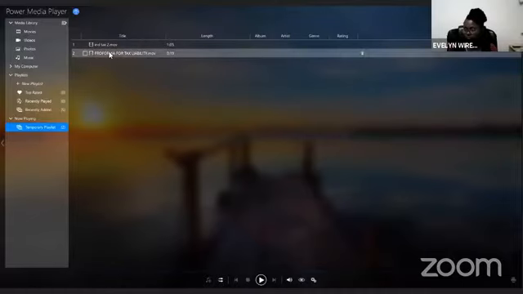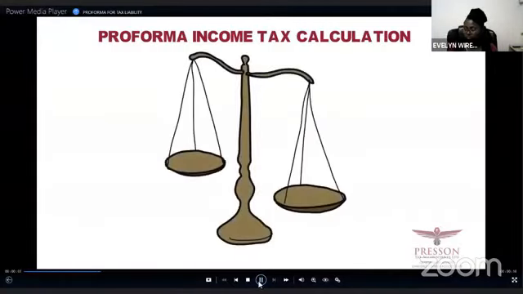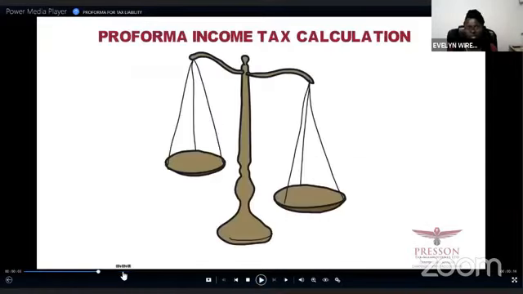So bear with me as I share my screen with you. As stated, we are looking at a pro forma for income tax calculation. That's what we are looking at the moment.